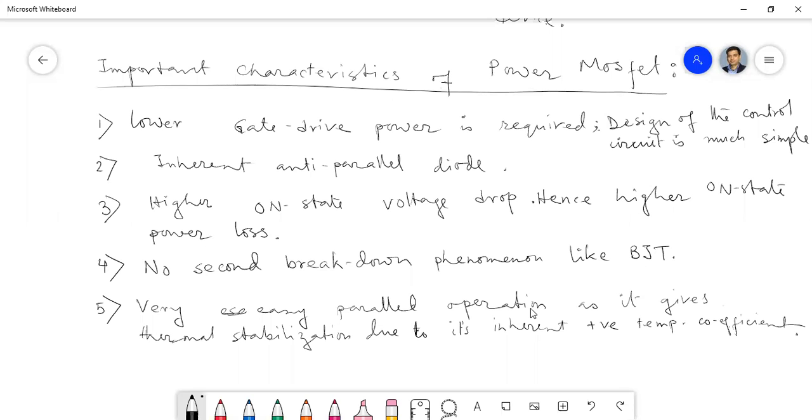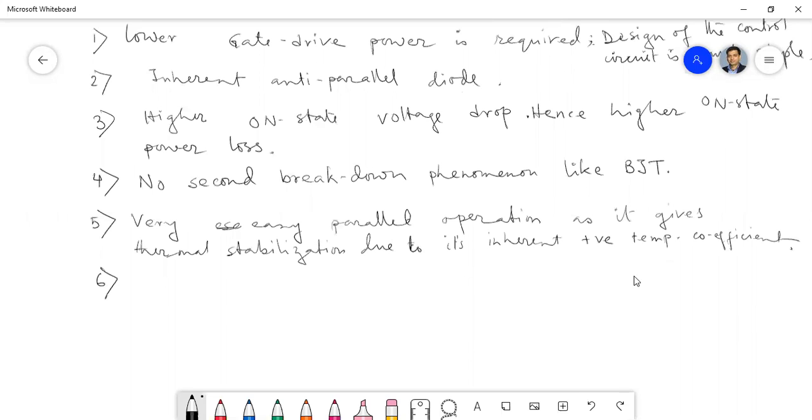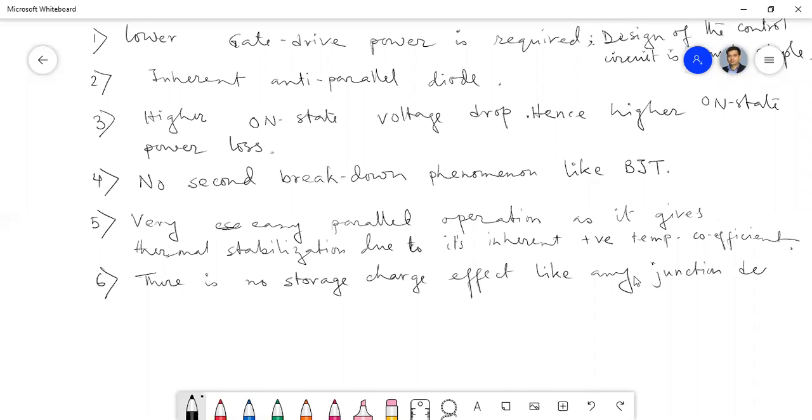Number 6, that also I have mentioned: there is no storage charge effect, unlike any junction device.